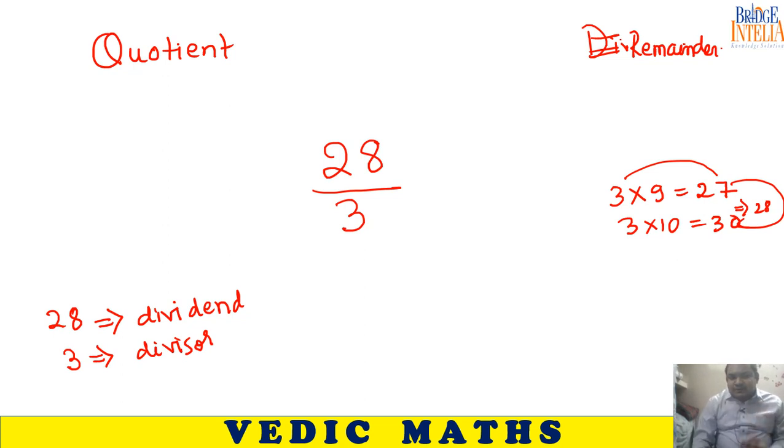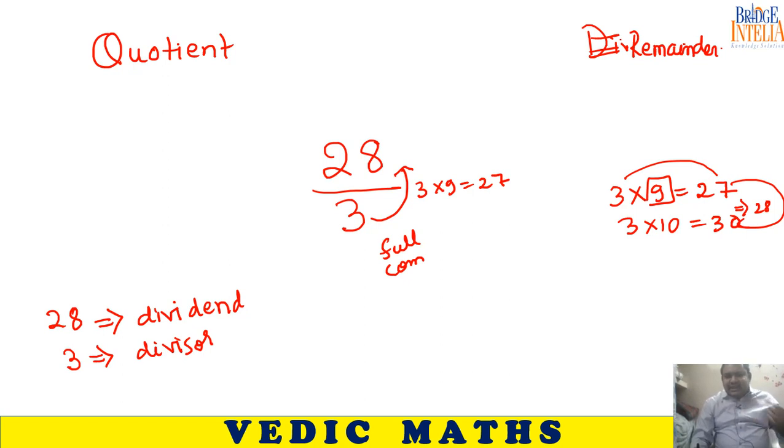So what is the concept of quotient? How many times can full division take place? Complete division can take place only 9 times. 3 nines are 27. So out of 28, 27 can be taken out and divided fully. So 9 times; this 9 is the quotient. Then what is the concept of remainder? You were asked to divide 28, but 28 is not divisible. 27 is divisible.